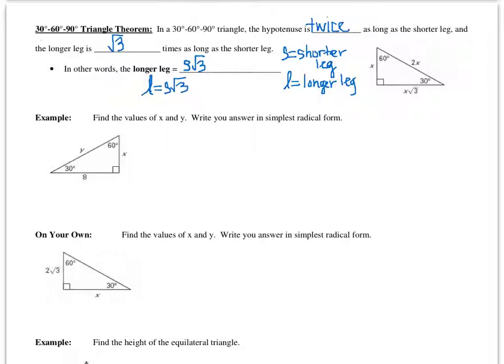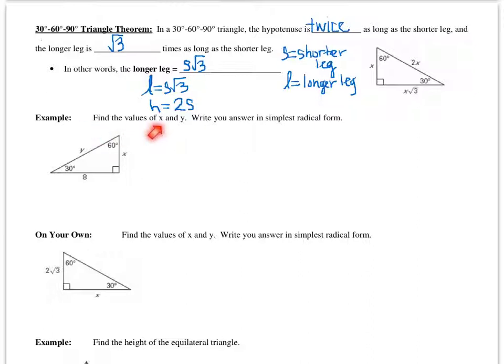Now up above, it says the hypotenuse is twice as long as the shorter leg. I'm going to use H for hypotenuse. So my hypotenuse equals 2 times the shorter leg, so my hypotenuse equals 2 times S. So really, I have two separate formulas here: my longer leg equals the shorter leg times the square root of 3, and my hypotenuse equals 2 times the shorter leg.